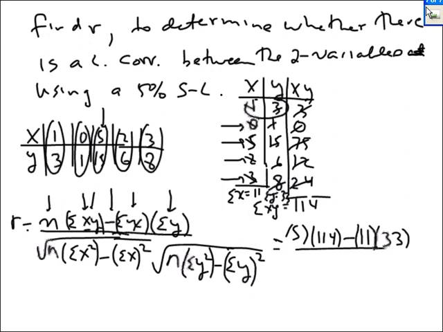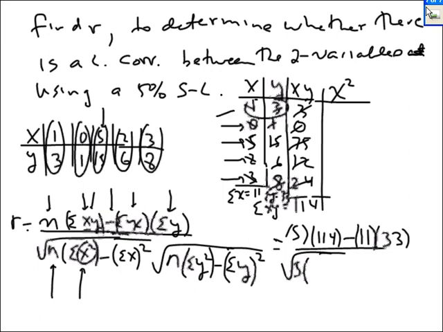Divided by the square root of n. But n is 5. We already talked about that. Now I have to add up x squares. I don't have that column, so let's make a new column. Call it x squared. Square the x's. 1 squared is 1. 0 squared is 0. 5 squared is 25. 2 squared is 4. 3 squared is 9.